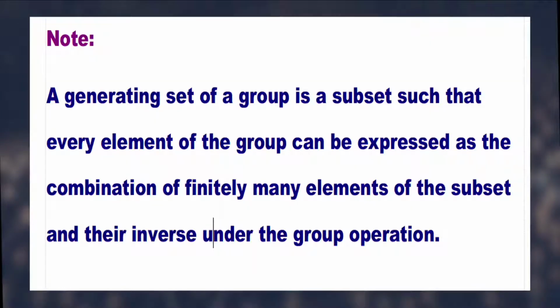Let us see the next note. A generating set of a group is a subset such that every element of the group can be expressed as a combination of finitely many elements of the subset and their inverses under the group operation.